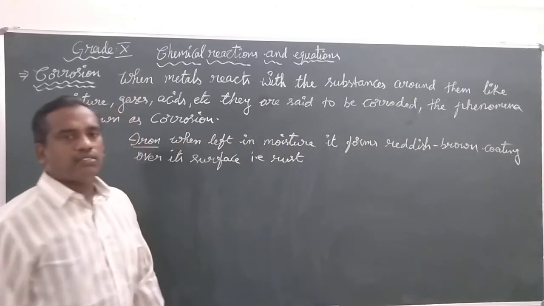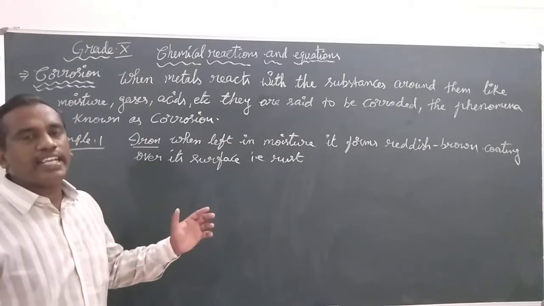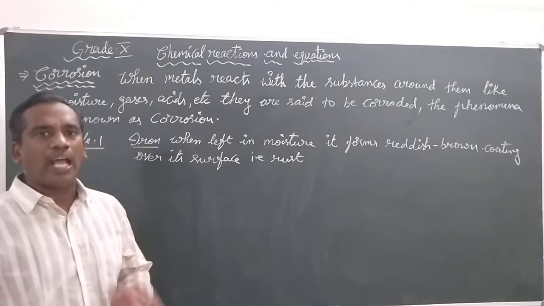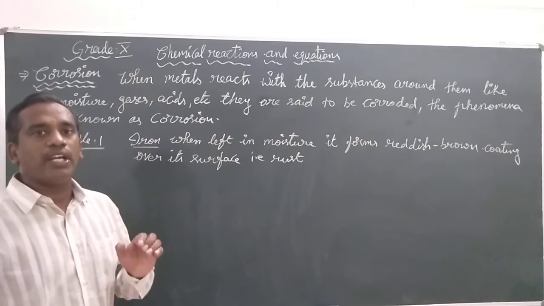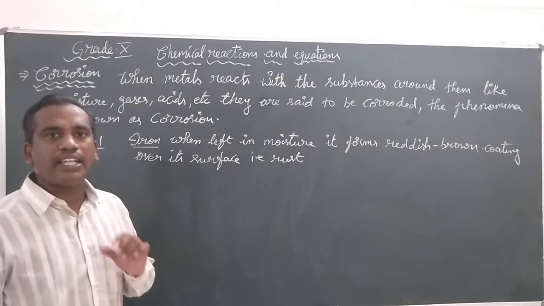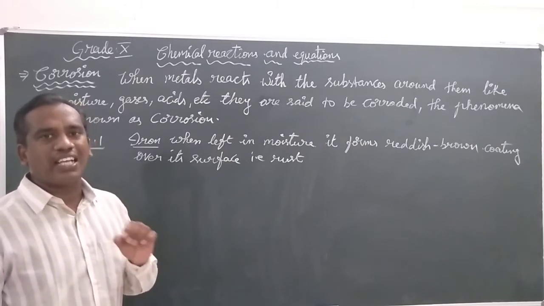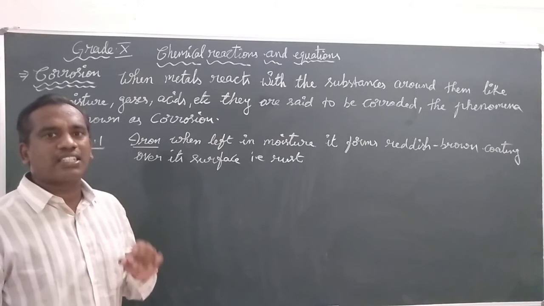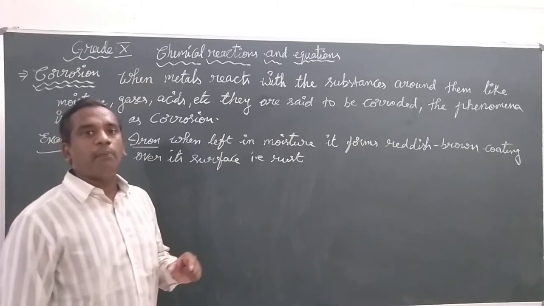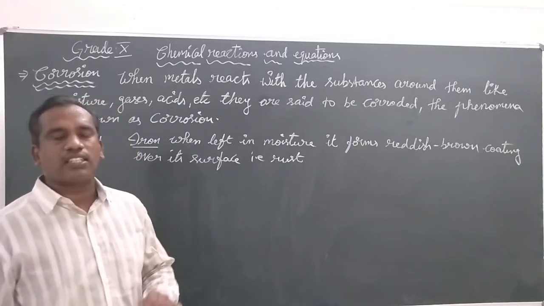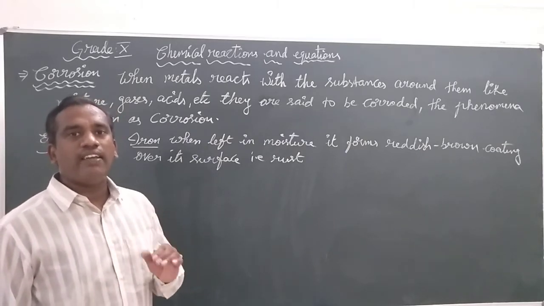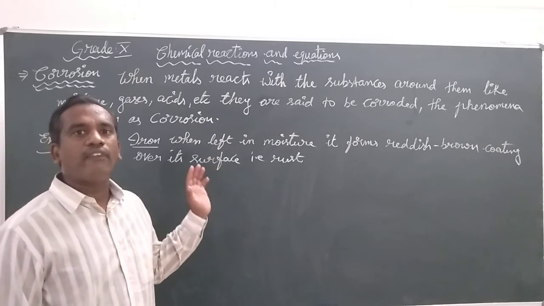This phenomenon of corrosion taking place in the case of iron is causing a lot of damage to objects made with iron. Can you guess the cars that are made with iron, their bodies, and even the vehicles, the bikes, their body parts are made with iron. If you don't paint the body parts of these vehicles, they will react with atmospheric gases and undergo corrosion.